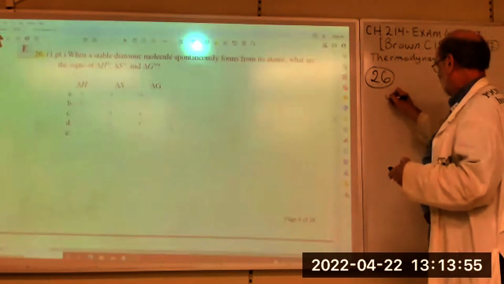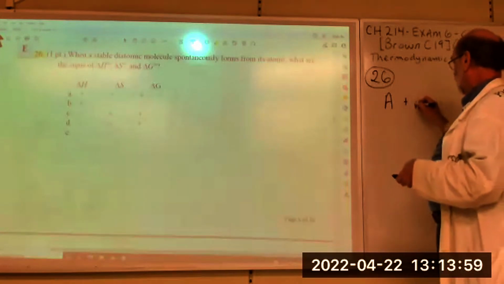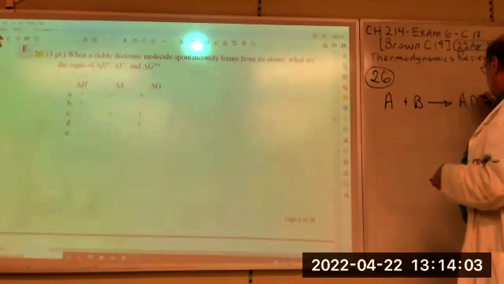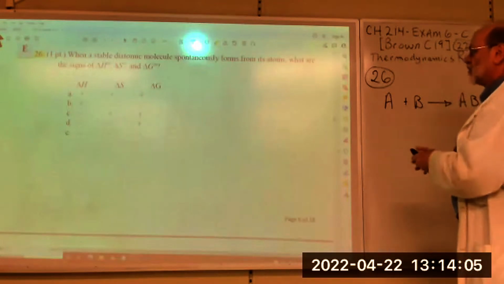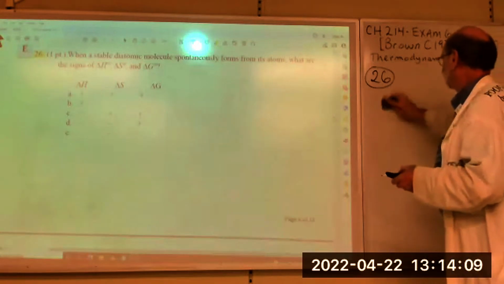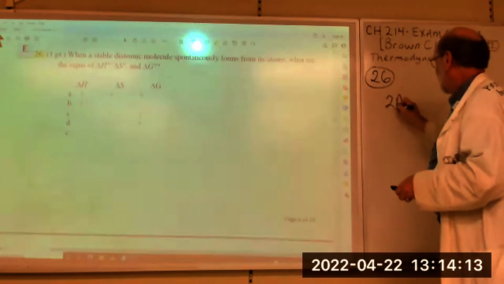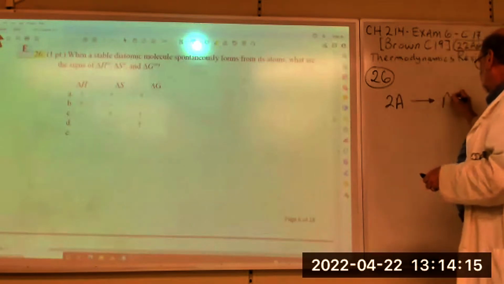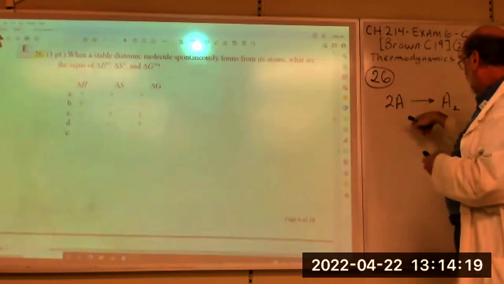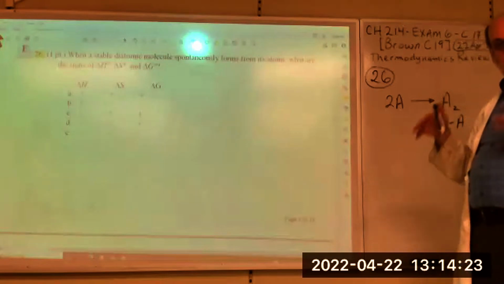So if we have atoms of A plus atoms of B forms a diatomic molecule. Two A's yield, there we go. So this means that these are separate, and this one is actually bonded to the other one. And we formed a bond.